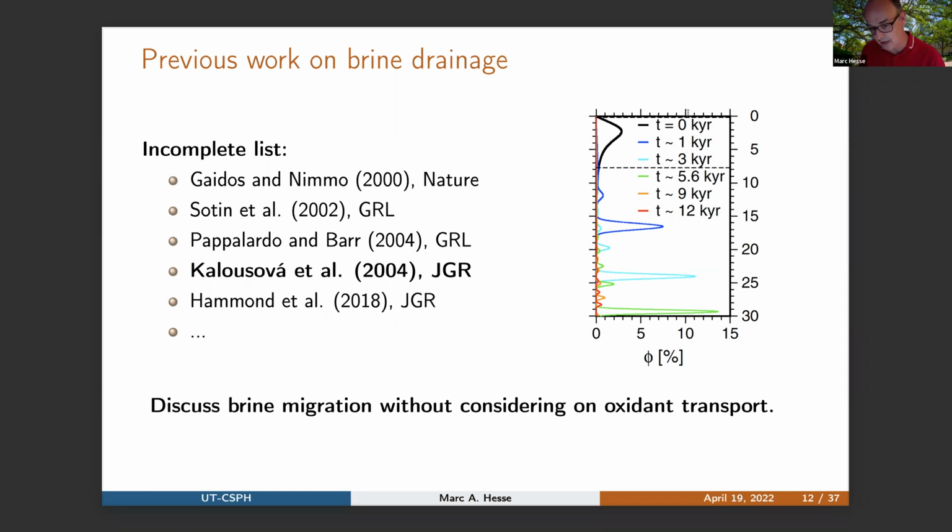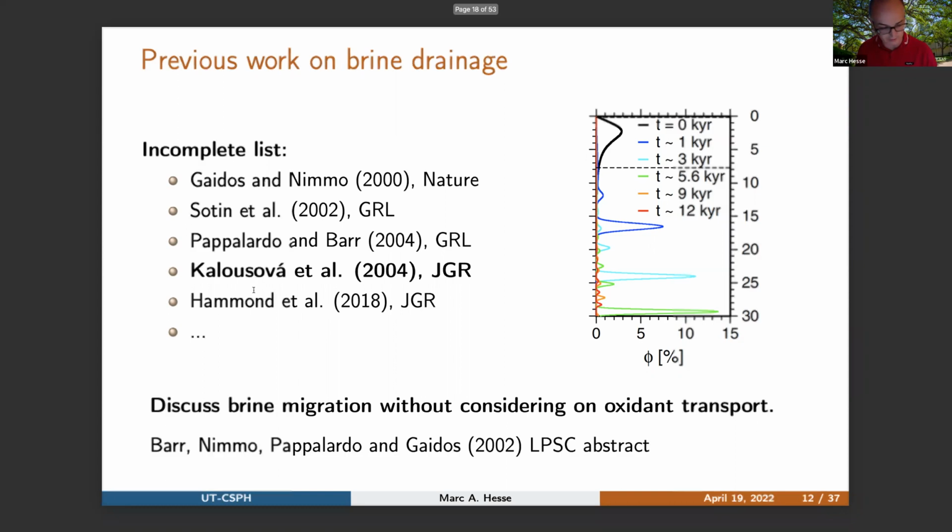The thing that caught my eye is that none of these papers, except for one LPSC abstract by Amy Barr, mention brine as a pathway for oxidant transport. They're just interested in whether you can sustain brines in the near surface. And clearly here the brine drains out of the ice shell on a time scale of tens of thousands of years.